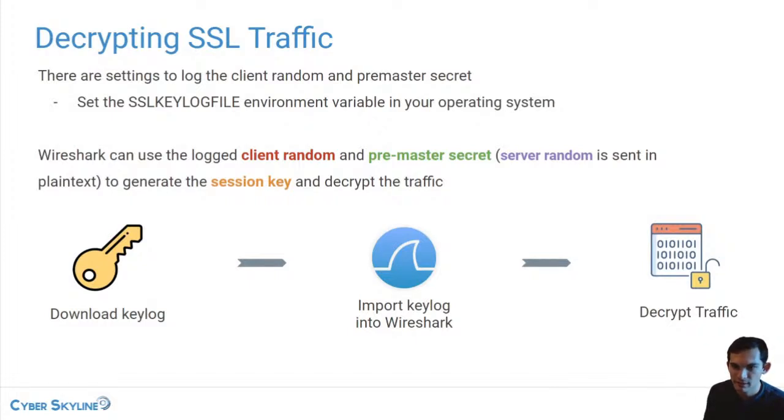So preferences, protocols, TLS, pre-shared key. You can type in the pre-shared key there as well, or you can add in your SSL keys using this RSA keys list. Just plop them in here as well.